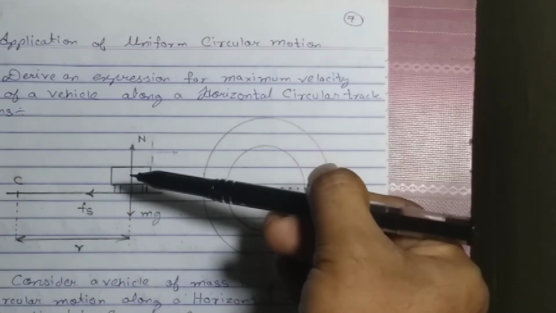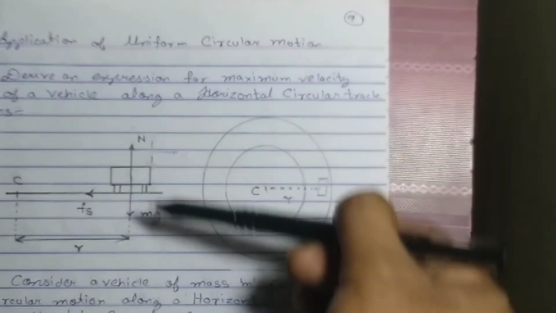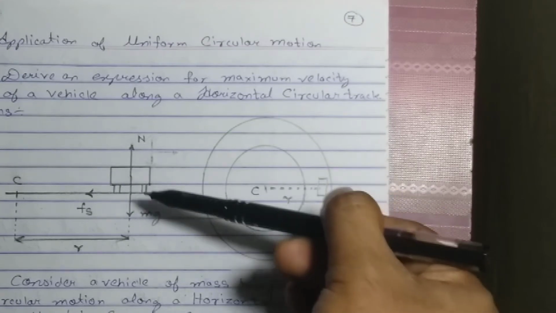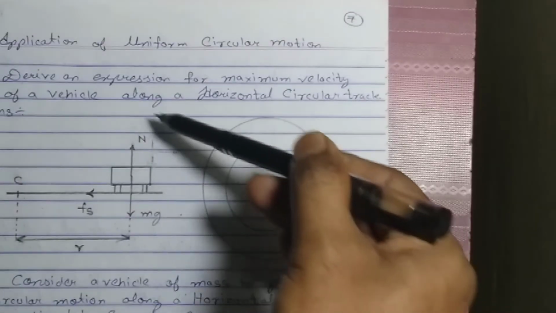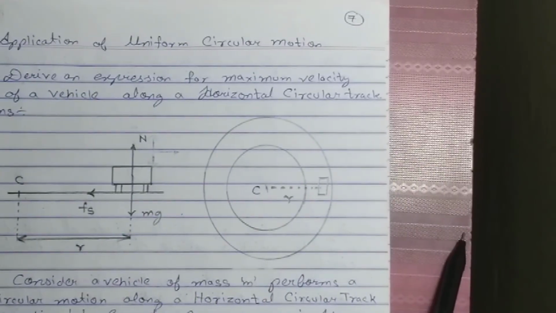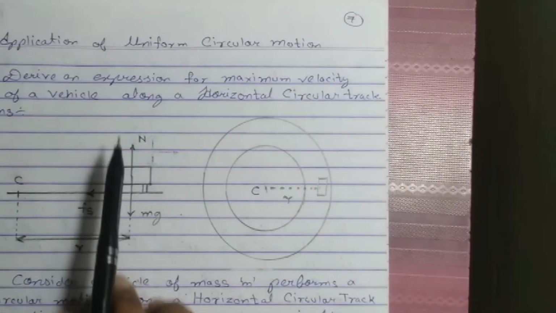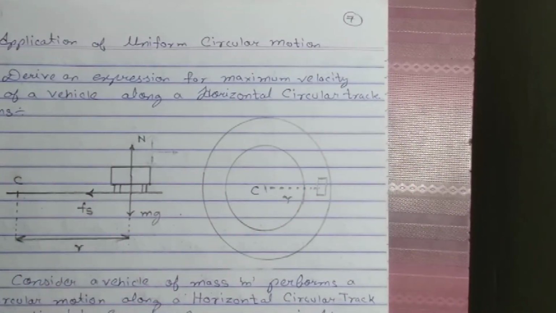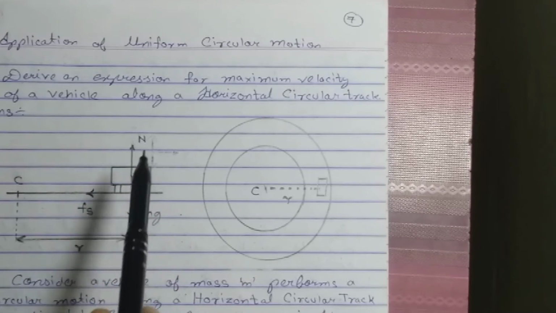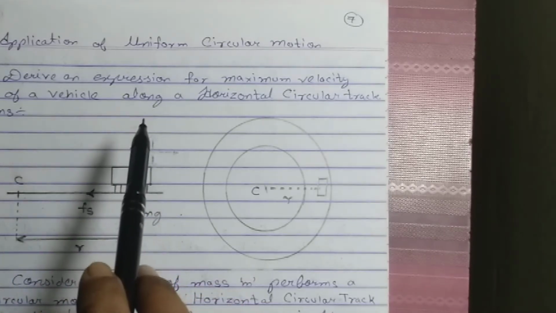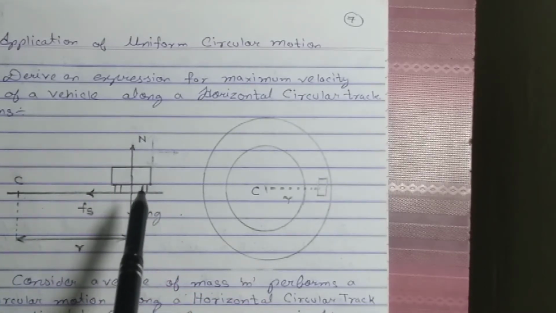When its own weight acts on the road, there is an opposite reaction. This N is called the normal reaction, and its direction is vertically upward. So the two forces acting on the car are the normal reaction, which is vertically upward, and mg, which is vertically downward.